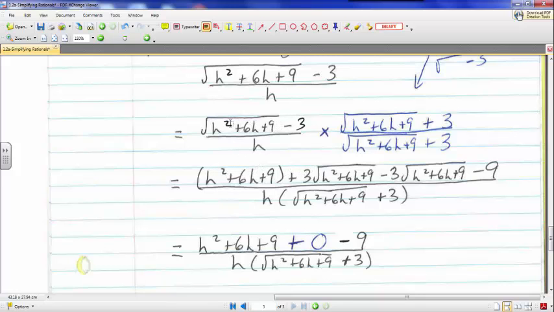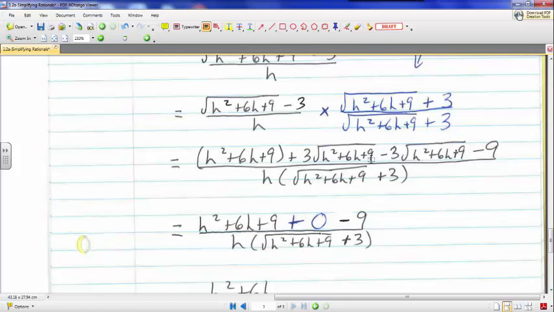And so this root times the plus 3 is plus 3 times the root. Negative 3 times the root is negative 3 times the root. And negative 3 times 3 is negative 9. And of course what happens is this middle term subtracts out. So you have the same term, positive and negative, and it goes to 0.